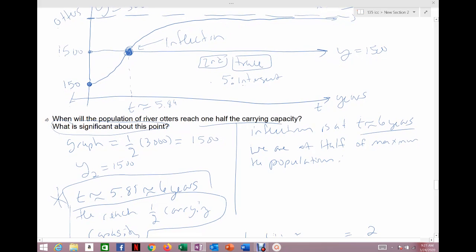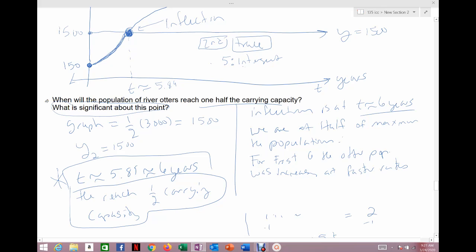So remember, in this first piece up to the inflection point, it's concave up, right? And so before the inflection point, the population was growing. For the first 6 years, the otter population was increasing at faster rates.